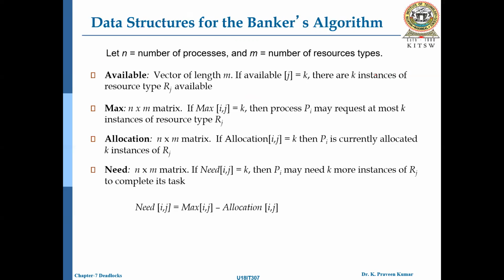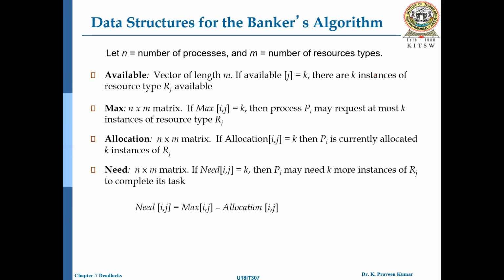Let n be the number of processes in the system, and m the number of resource types. These are the data structures: available, max, allocation, need. Let us discuss them one by one.